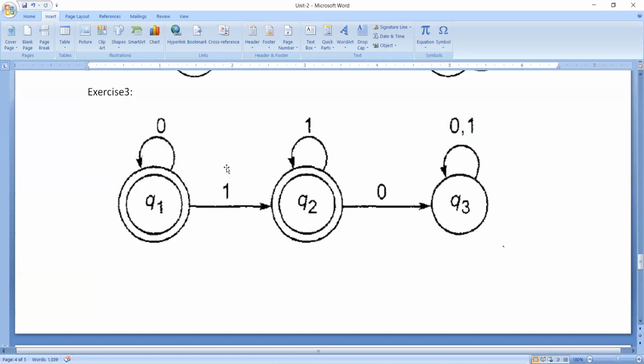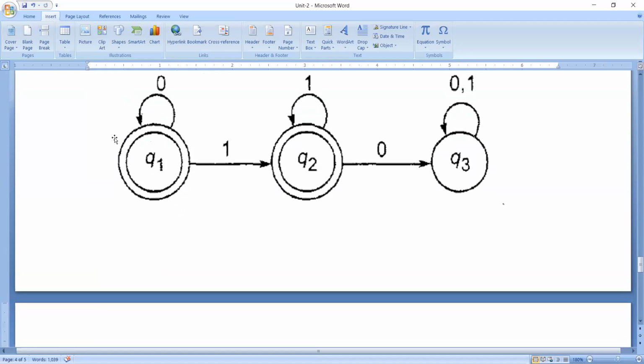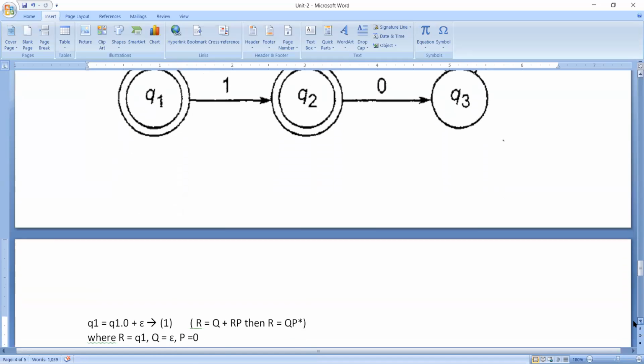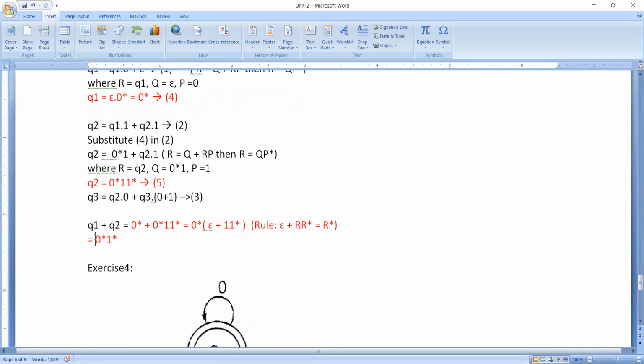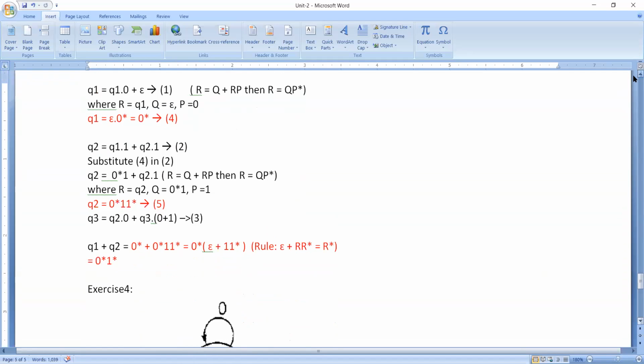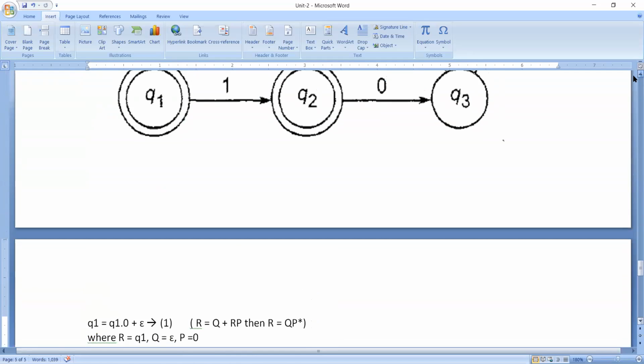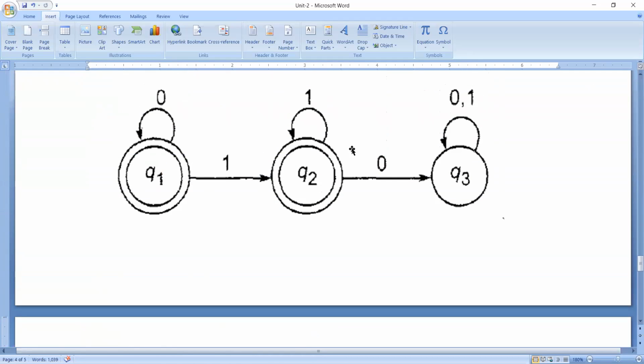Ones are also accepted, and the combinations of zeros and ones are also accepted. So finally, this is the regular expression for our given DFA.